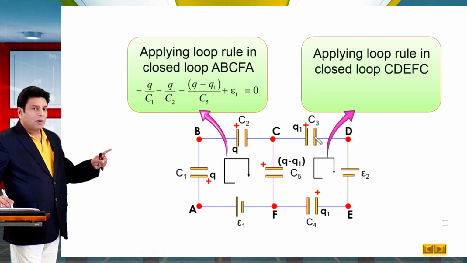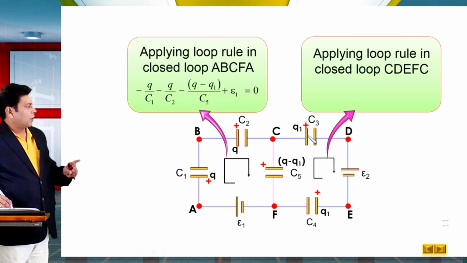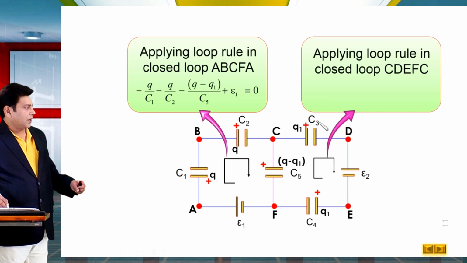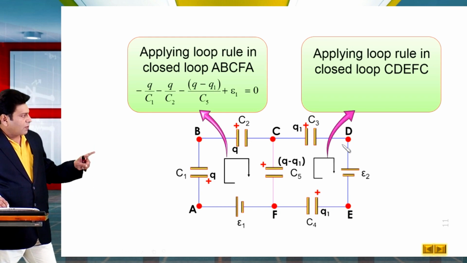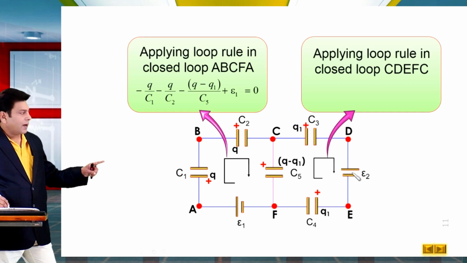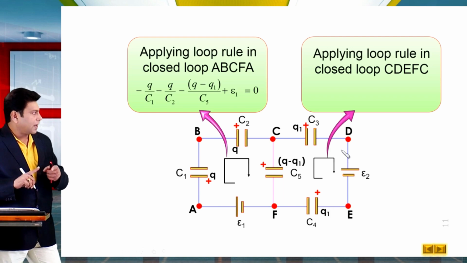That means there will be voltage drop. What amount of the voltage drop will occur? That is minus Q1 divided by C3. And then we will move from D point to E point. While moving, we can observe a battery will be there, and in this battery we will move from positive to negative plate. So, voltage drop will occur here also.